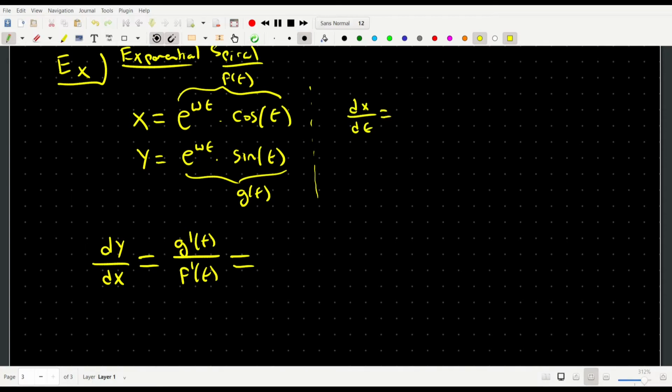So let's go through. Dx dt is going to be f prime of t, which from the product rule will be omega e to the omega t times cosine of t plus e to the omega t times the derivative of cosine, which is negative sine.